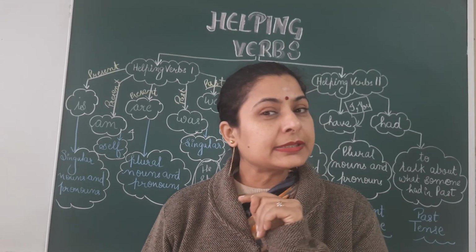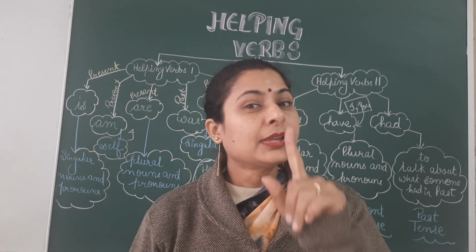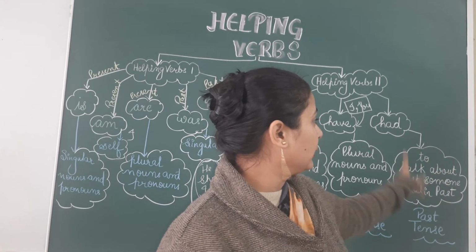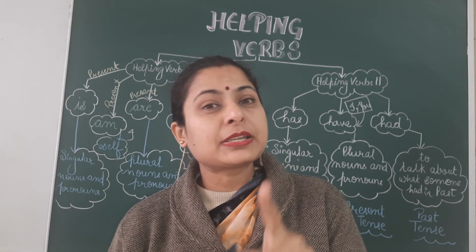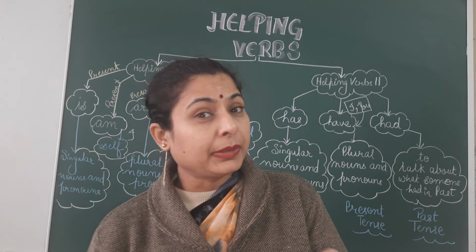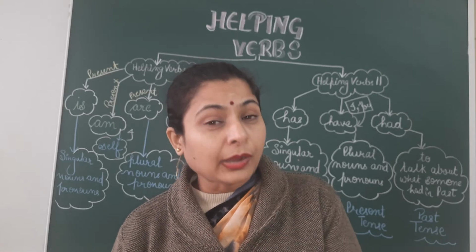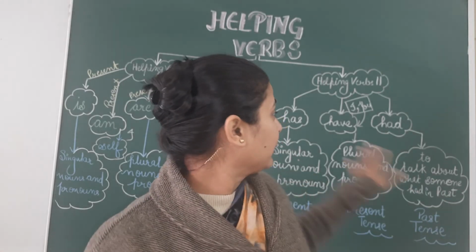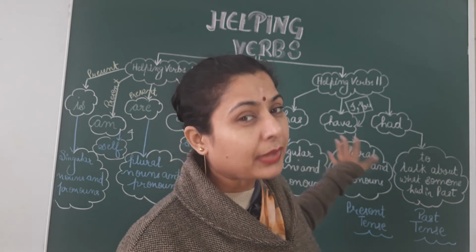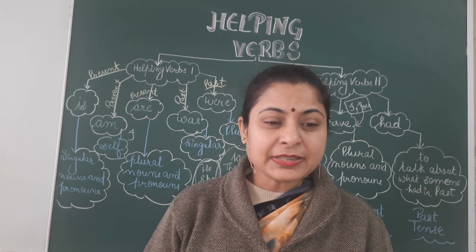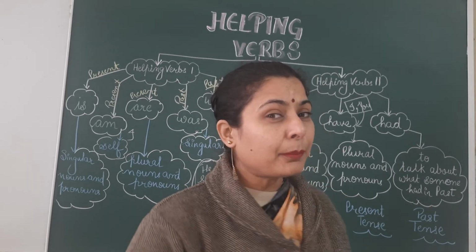So all the sentences which are in past tense, to show possession we use the word had, and to show the possession in present tense, it means the thing is right now, the possession we have, then we use the word has and have. Alright, so let us revise the use with the poems.